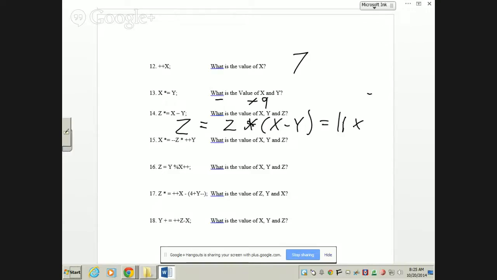So x is 6, y is 9, so that's negative 3. 11 times negative 3. So z equals negative 33. X and y are unchanged. X is 6, y is 9.